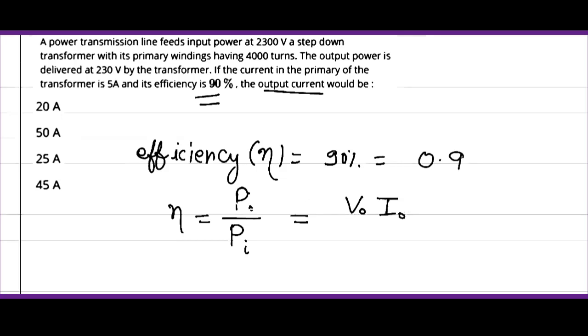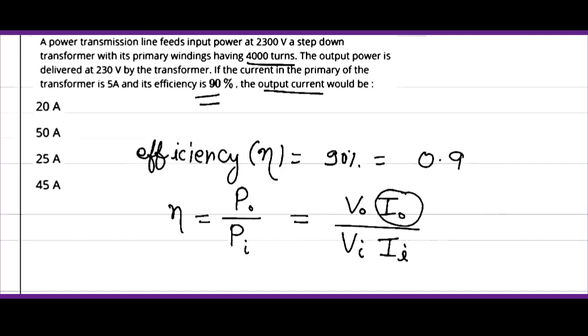So power output is voltage output into current output, divided by voltage input into current input. The question has asked us to find the output current, so we don't need the extra information such as the 4000 turns. We can use the parameters Vo, Vi and Ii and solve this question.